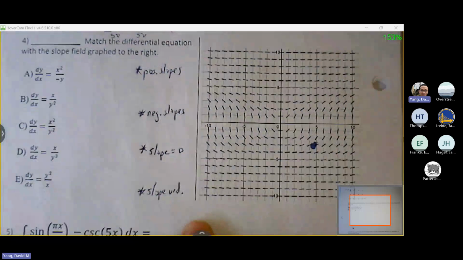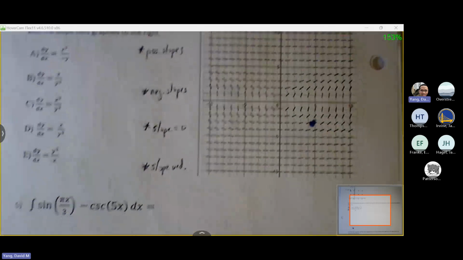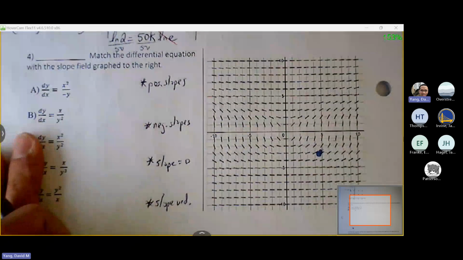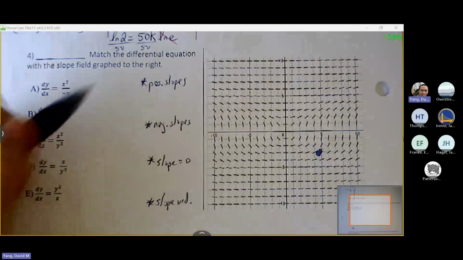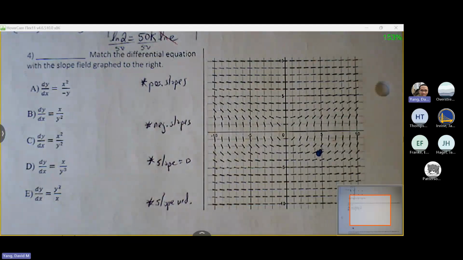Slope undefined will be when you see a gap, where something has nothing on it, whether it's a line or a series of values. So I like to look for 4 things, and whatever stands out, like this quadrant is all this slope, or there's a vertical line where there's nothing on it, or everything on one side is positive slope, slope 0.